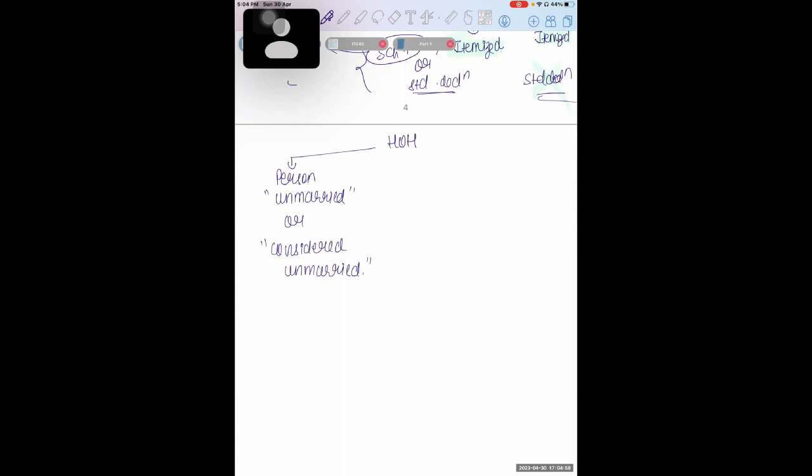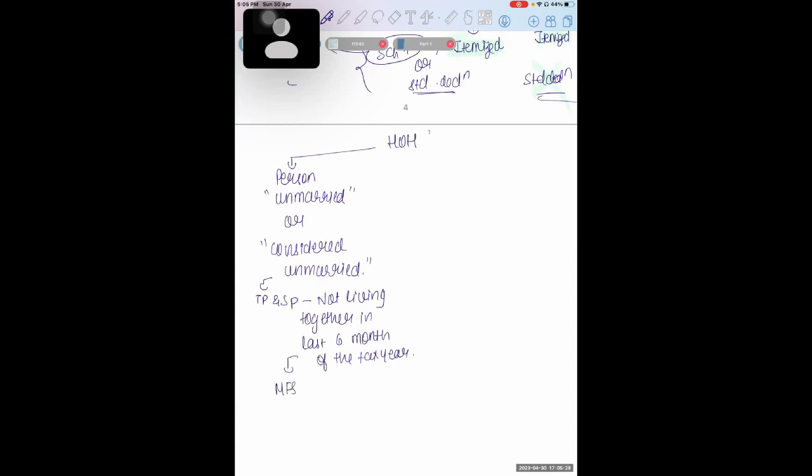Now, what do you mean by considered unmarried? Yesterday we did it. If the taxpayer and spouse are not living together in the last 6 months of the tax year, then that person can go for MFS.